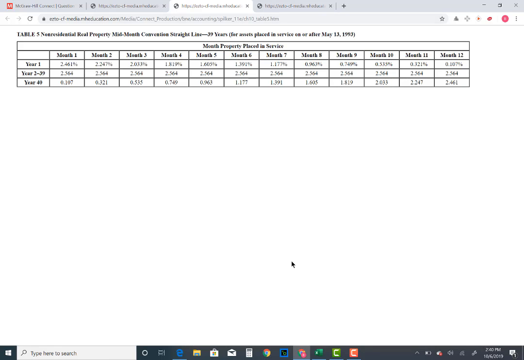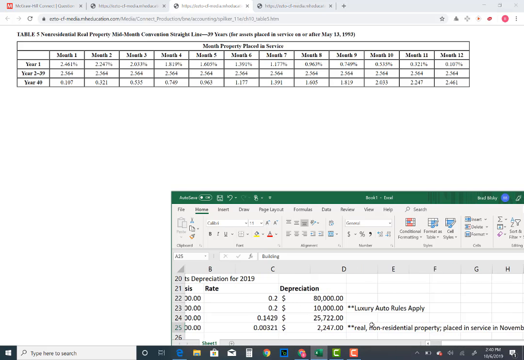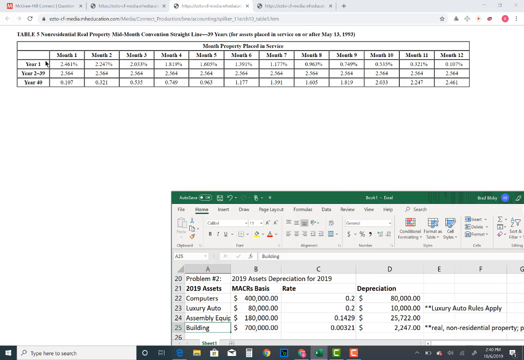Now, we have to keep in mind when we purchased the asset. For this particular one, we placed it in service in November. So for the first year, we look at the month it was placed in service, the 11th month. It's down here, come to the first year, and you get 0.321% depreciation. I know this is a little bit tricky. It throws people off.